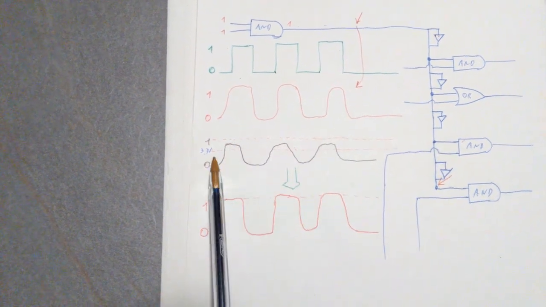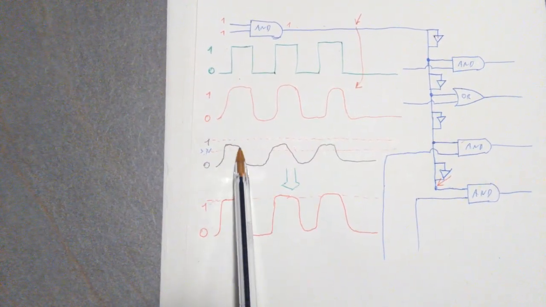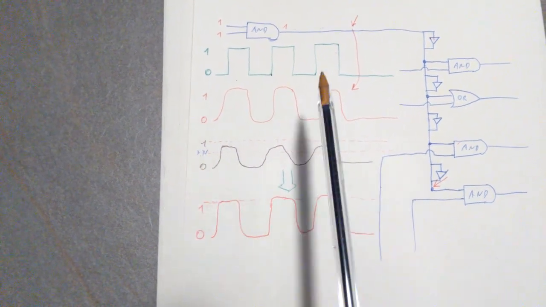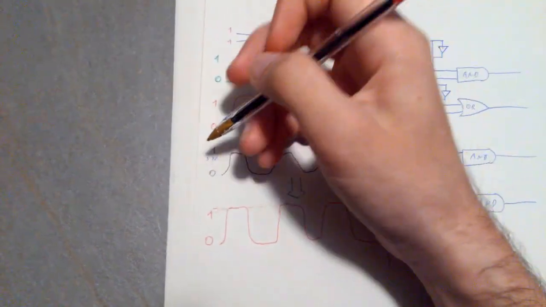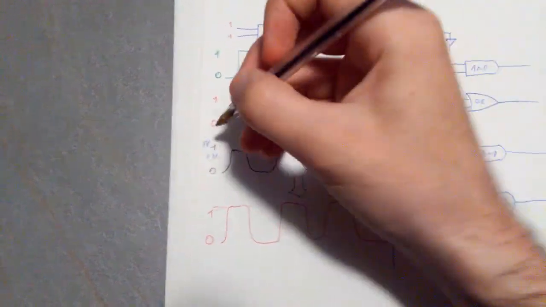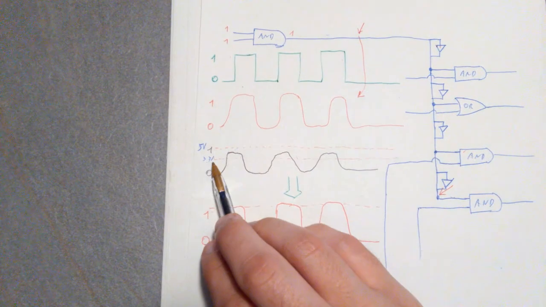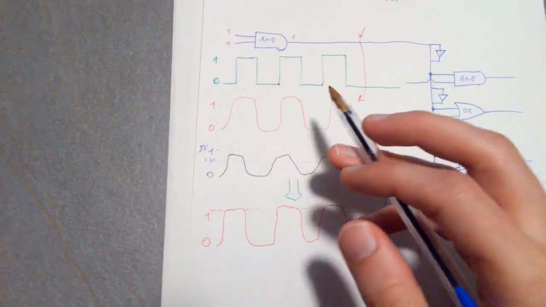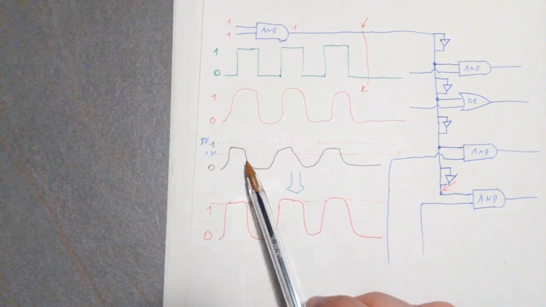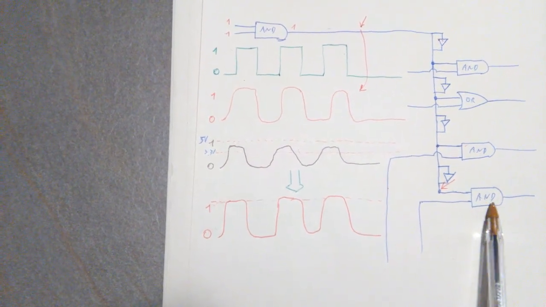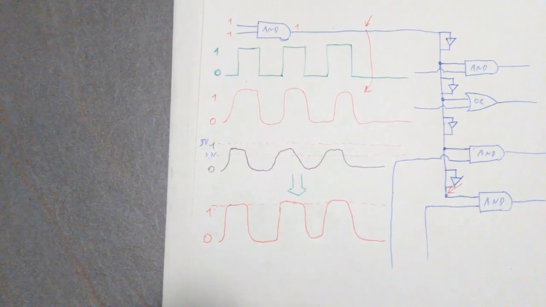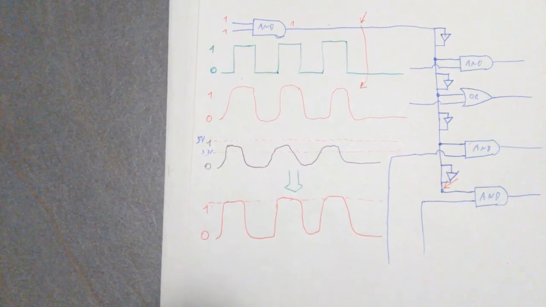For instance, let's suppose that it was going to go below this threshold, which was, I don't know, 3.3 volts, and this one was, say, 5 volts. Let's suppose that it was going to be below, like, 3.2 volts, which doesn't make sense, but then it would have been considered by this AND gate as a 0. That's bad. That's not what is supposed to happen.